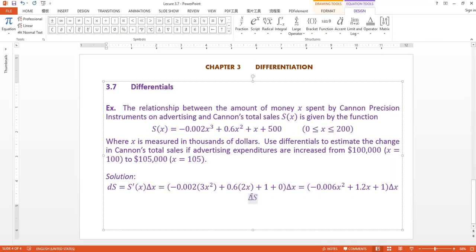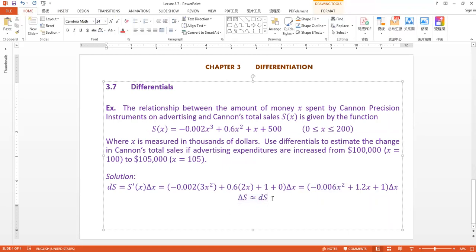So that's the change of the function S. We use delta S to denote it, and we can use the differential to approximate it. So that's the formula here. We use the differential in S to estimate the change in S.